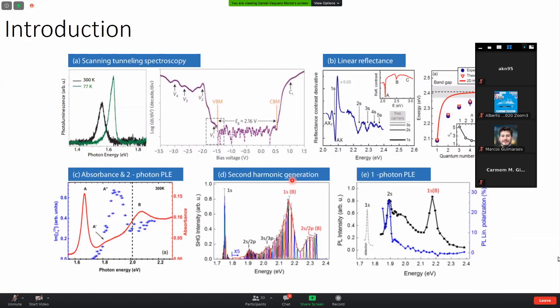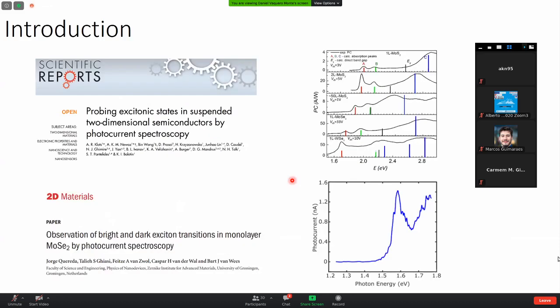But there are only a few works that use photocurrent spectroscopy as the principal technique of their work. Here you can observe two of them that use photocurrent spectroscopy, and here you can observe the different spectra that they obtain.